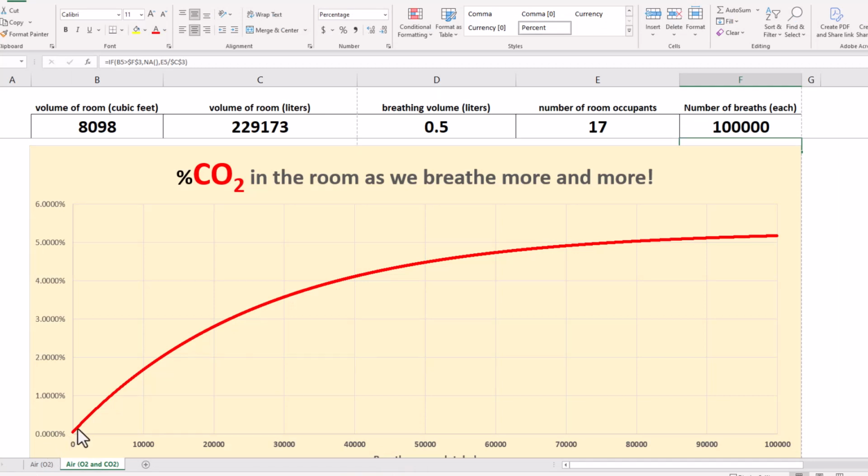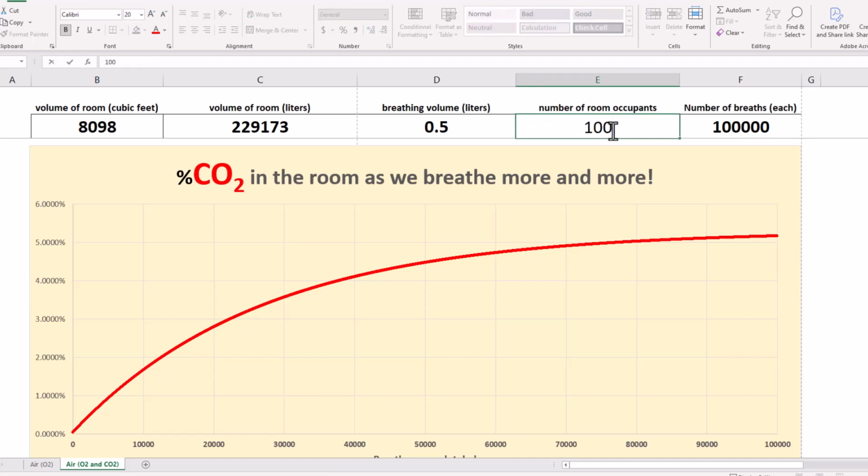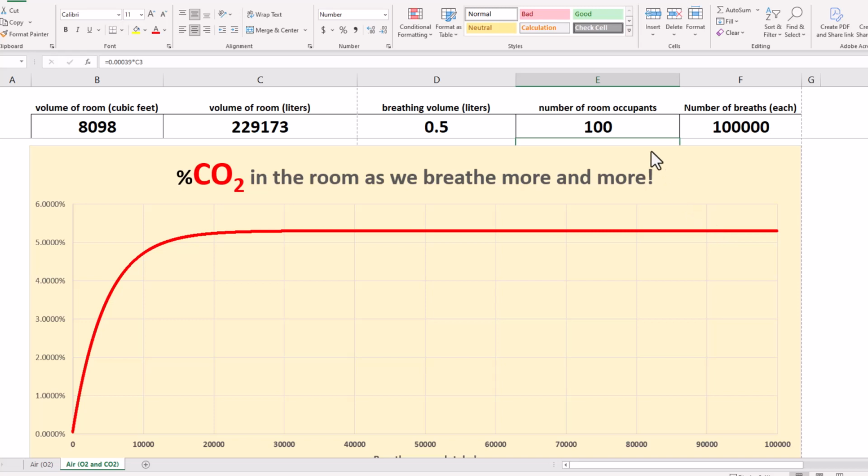But as soon as we start breathing, carbon dioxide keeps going up, and unlike oxygen, it's going to increase until it's 5.4%, and then level off there. You're going to see the exact same thing even if we change how many people are in the room. It comes up to 5.4% and stops, because that's what you're exhaling.